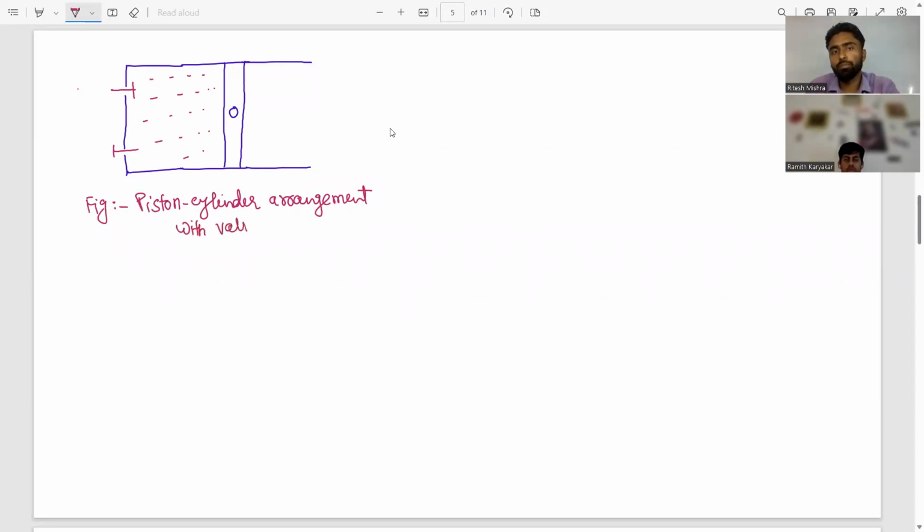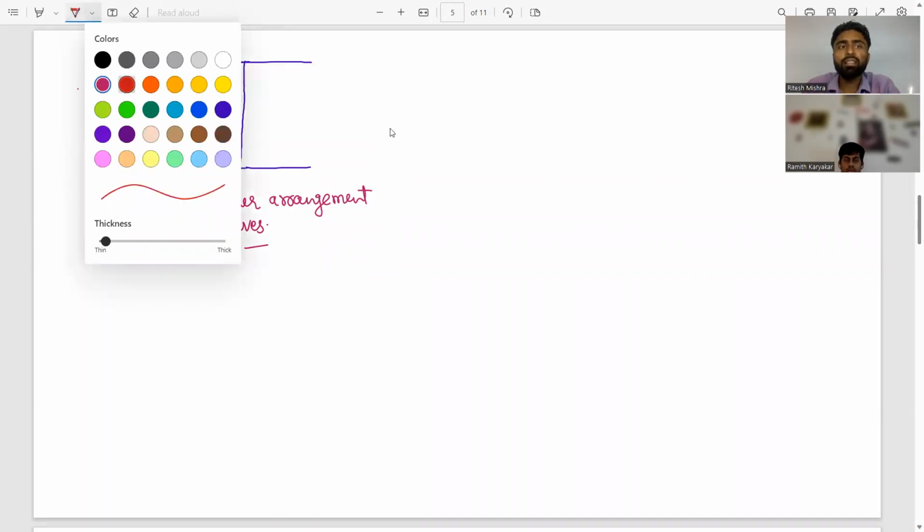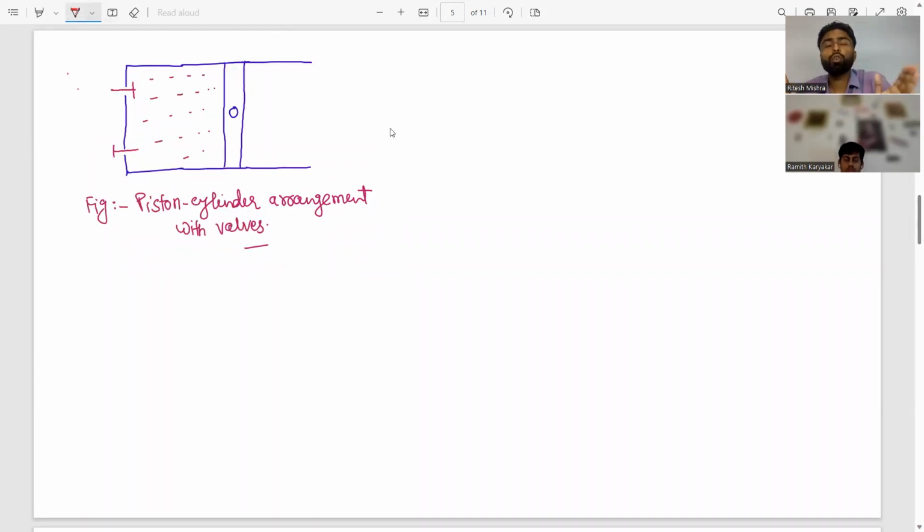Then what will happen here? Since a valve is present, you know that through one valve mass enters the system, and through the other valve mass will leave the system. That means, my dear, here mass transfer will occur. So mass transfer is not zero here. Mass transfer occurs due to the valve.